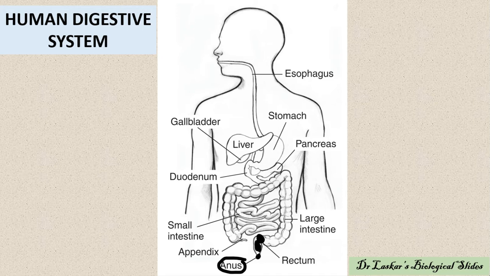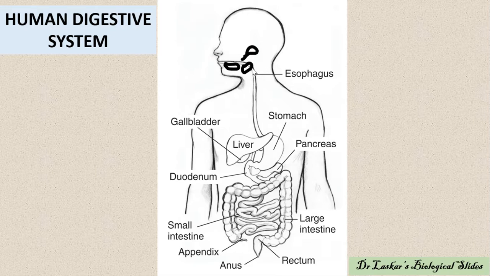Now move to the digestive glands or glandular parts of the digestive system. There are different types of digestive glands present, like salivary glands. There are three pairs of salivary glands in humans.